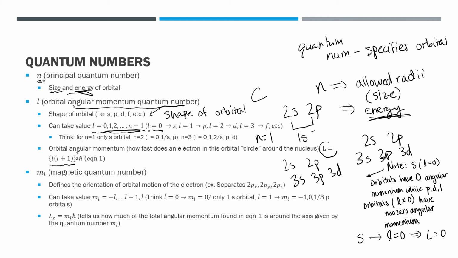But for p, d, f and on, for all other orbitals, L is not equal to 0, so we have a non-zero angular momentum for all other orbitals. So let's talk about how that affects what we see with wave functions.